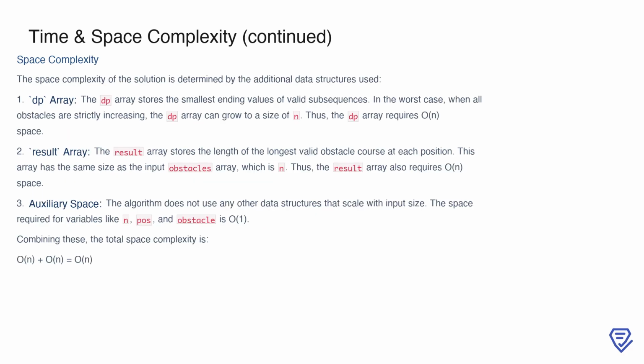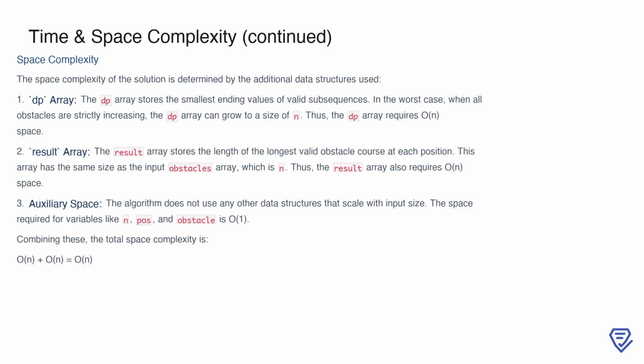Now, let's consider the space complexity of the solution. The primary contributor to space usage is the dp array, which stores the smallest ending values of valid subsequences. In the worst case, if all obstacles are strictly increasing, the dp array will grow to size n, requiring O(n) space. Additionally, the result array stores the length of the longest valid obstacle course at each position, and since it has the same size as the input obstacles array, it also requires O(n) space.